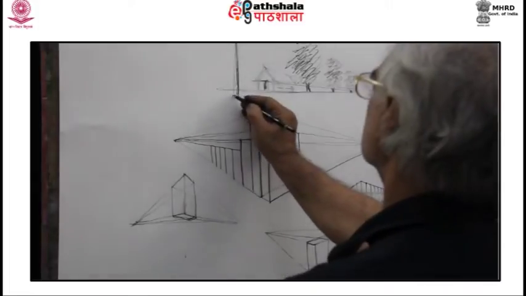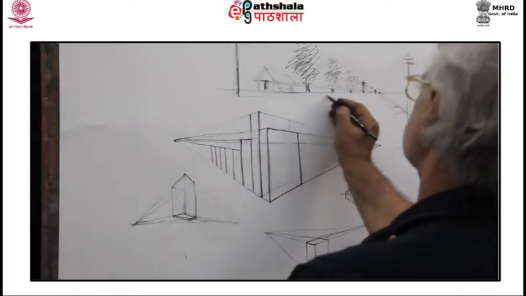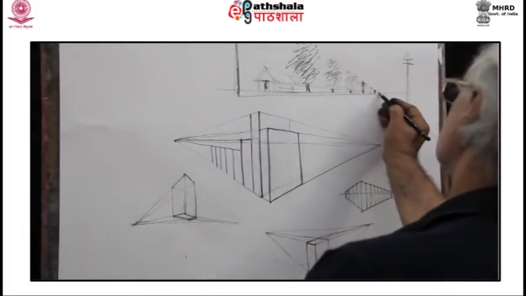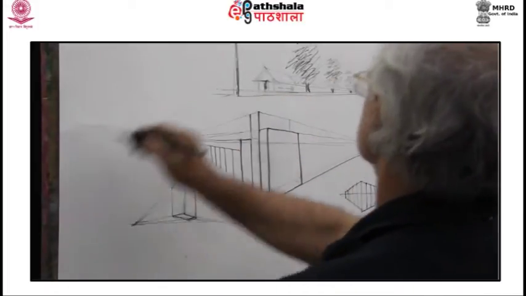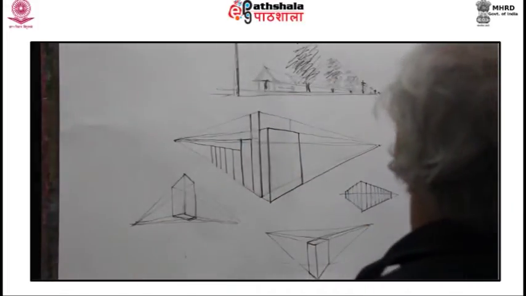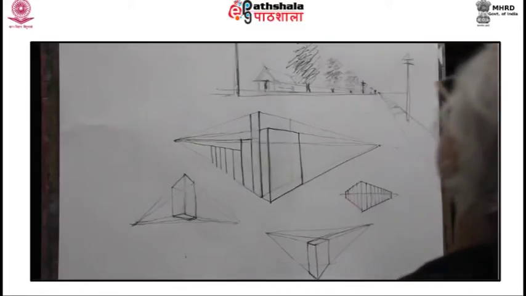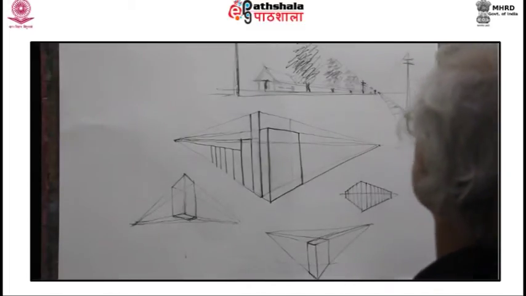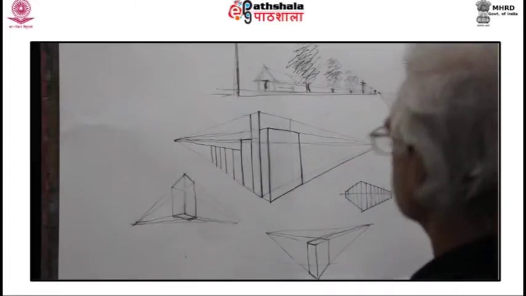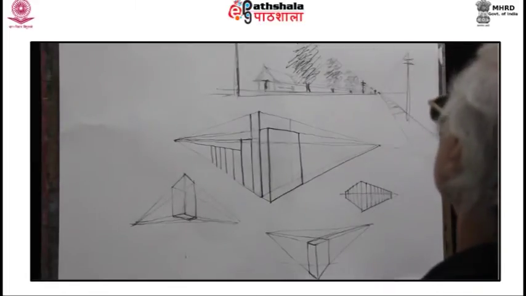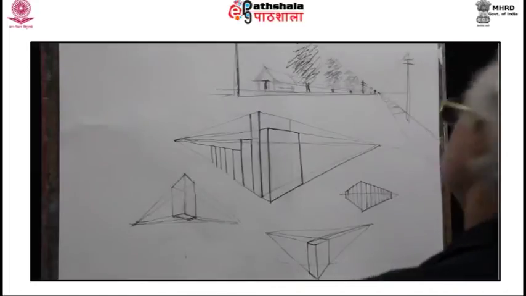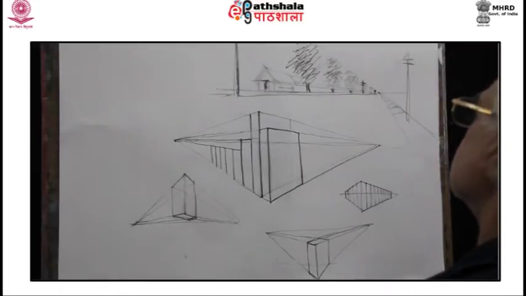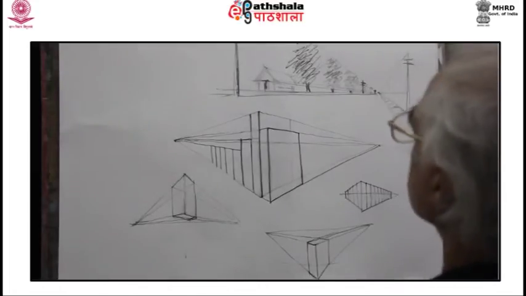Another footpath can crop up in the scenario. One just needs to train the eye and catch the basic formula. It will become easy to observe and draw. The mind will automatically get in tune to the thing.